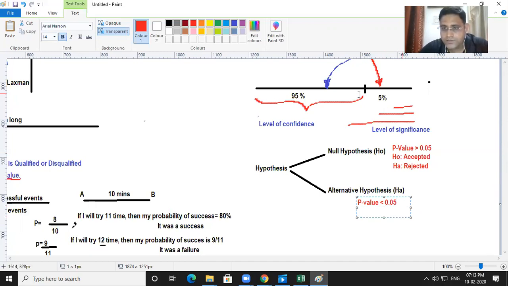I will fall in this zone. So in that case, my H naught will be rejected, and my alternative hypothesis will be accepted.